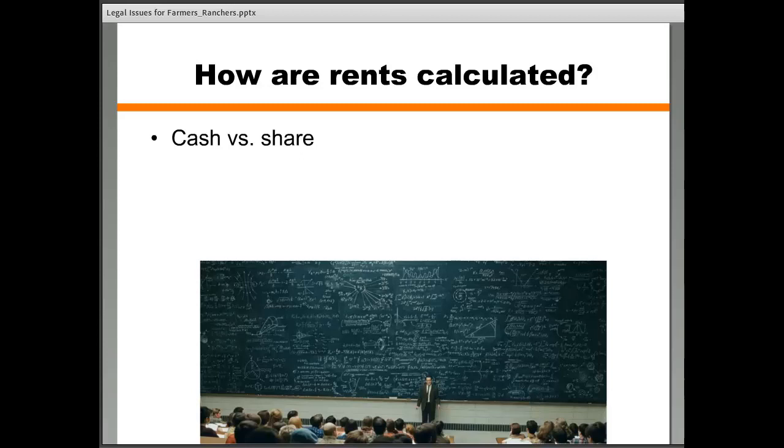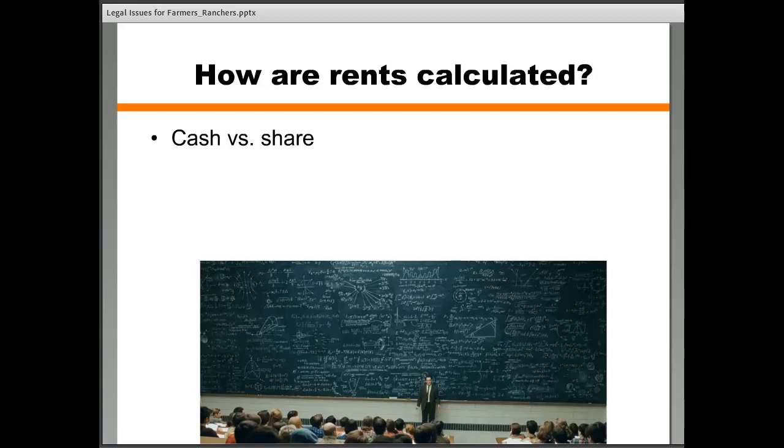So the first thing you've got to ask yourself about rents is, how do I figure out what rent I should have? Should I have a cash rent or a share rent? There are lots of considerations that go into that. We probably don't have enough time to explore all of those today. But go to those lease resources that we talked about that Brent's put there in the chat box for you, and you'll find lots of really good discussion to show you when a cash rent is perhaps more appropriate, when a share rent is more appropriate, and also give you an outline to think through what really is the appropriate fraction, because it's not always 1/3, 2/3.